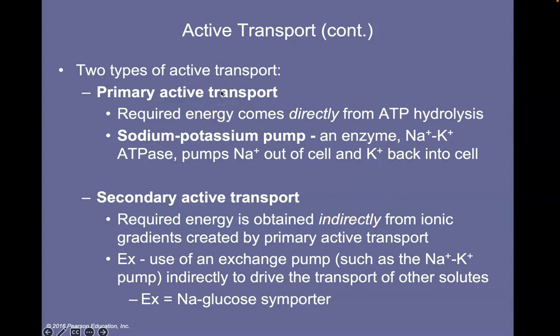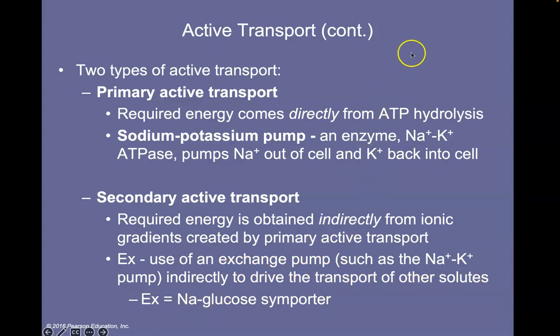So it's still considered a form of active transport, even though the ATP isn't used for this second step. It's used for this first step, right? But we needed that ionic gradient to be established, so that we could then use that ion gradient to derive the transport of another solute.